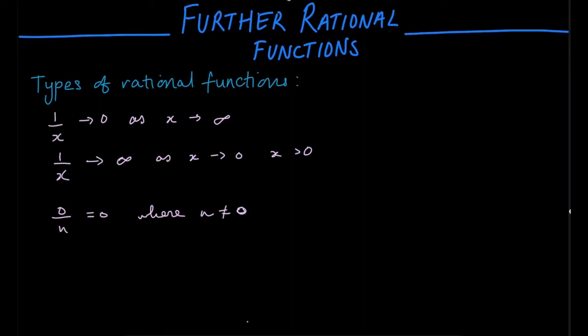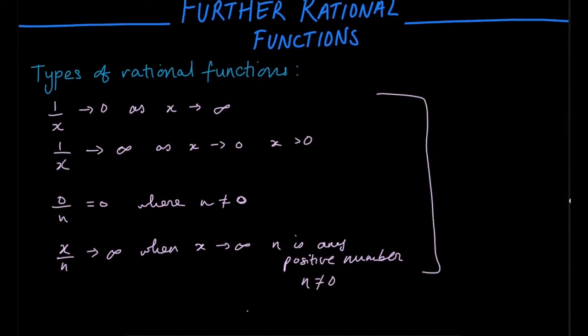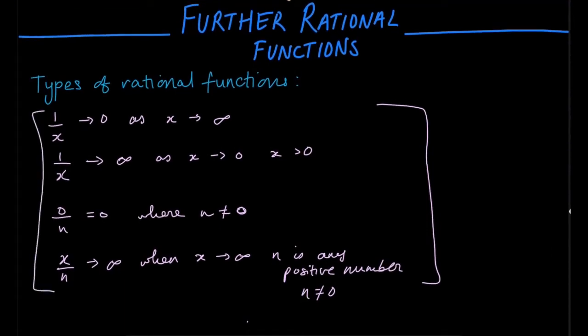And x over n approaches infinity when x approaches infinity and n is any positive number, and obviously not 0. These are the few things we need to remember before we look into asymptotes, because this will help us.